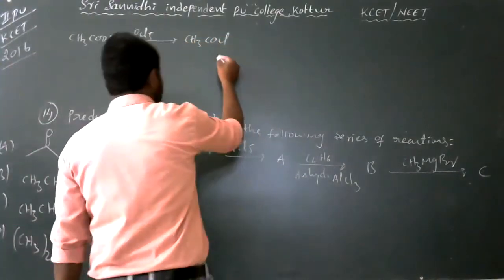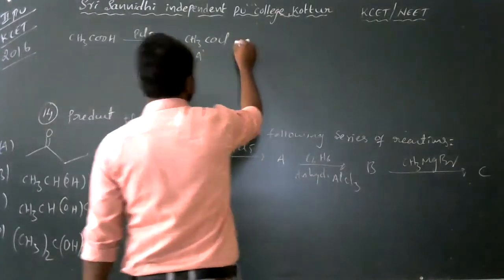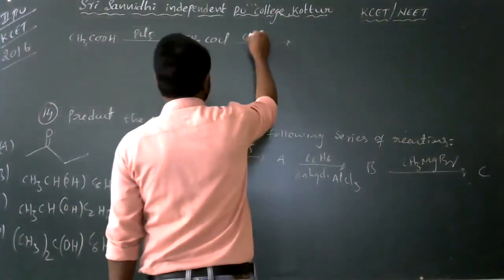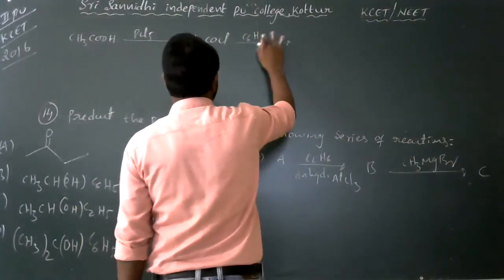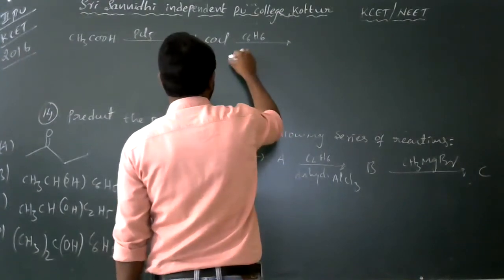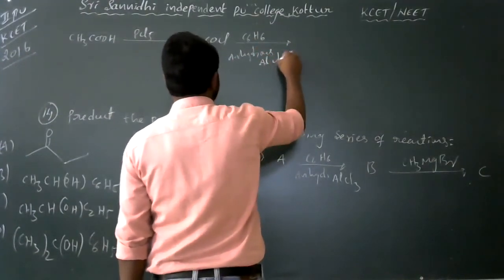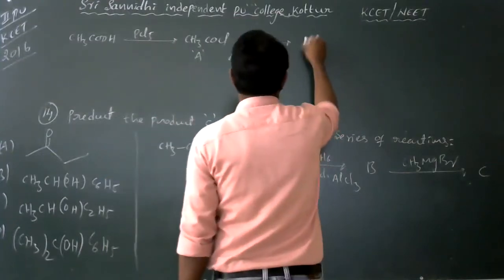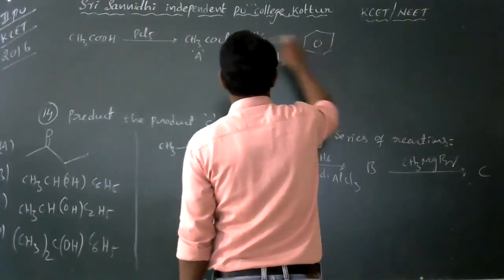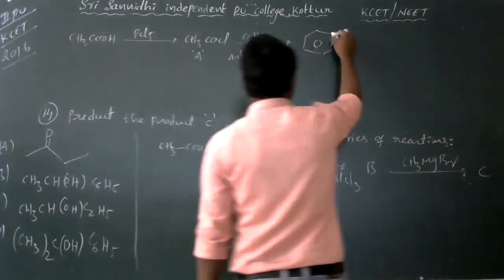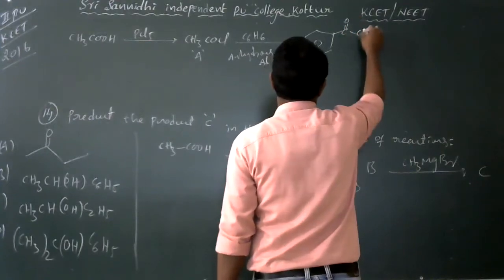Then A, acetyl chloride, is treated with C6H6, benzene, in the presence of anhydrous AlCl3, and acetophenone is formed.